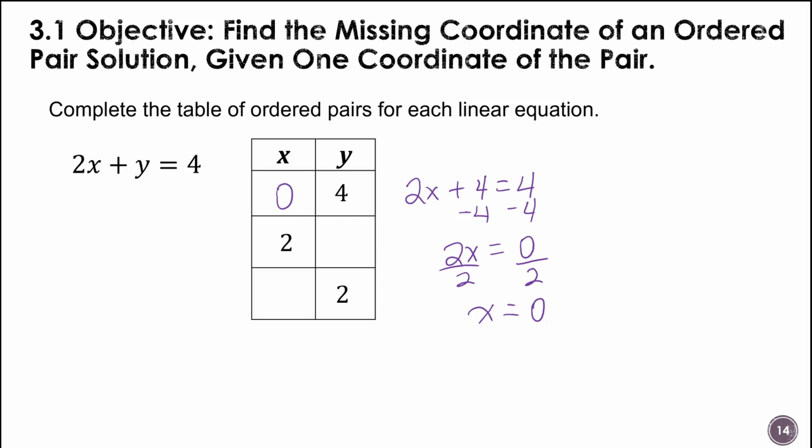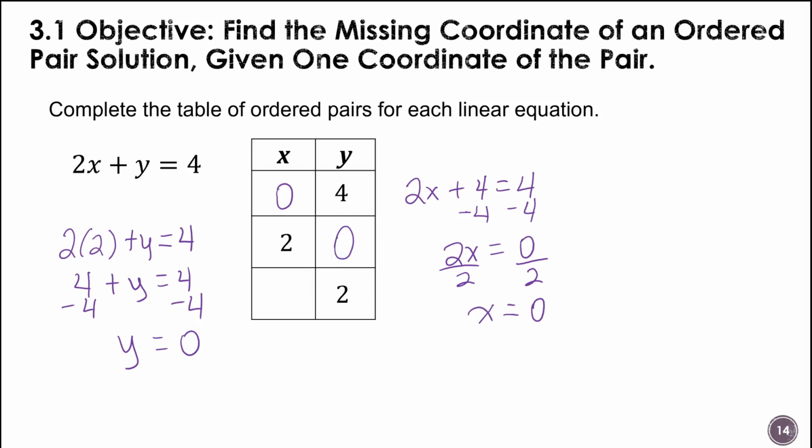On the next one, we're going to substitute 2 for x, so 2 times 2 plus y equals 4. And then on this one, that's a 4, 2 times 2, subtract 4, and y equals 0.